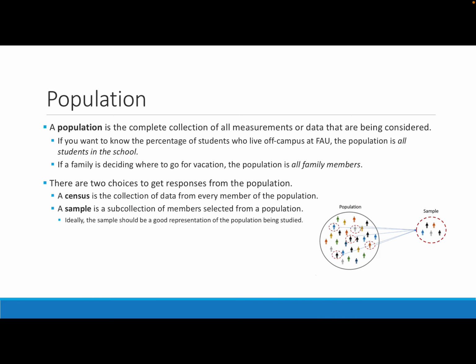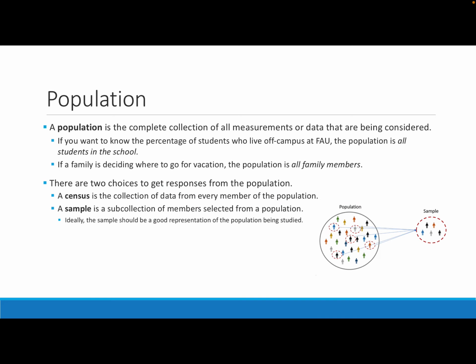So in this case, the population would be all students in the school, because everyone will contribute to the percentage. If you move from on campus to off campus, you change this percentage a little bit. So the population is everybody. And the size of the population in this case is about 30,000. We know the size of the population in this case.